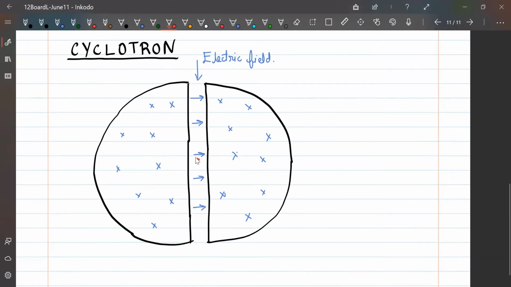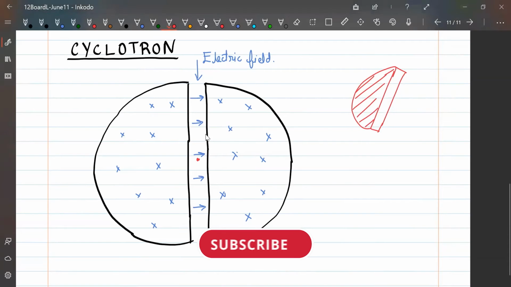If they do not enter this region, they will just hit the walls of this D. This D is like an empty shell. If the charged particle is not along this direction, it will just hit the walls of the D, and it will be lost.